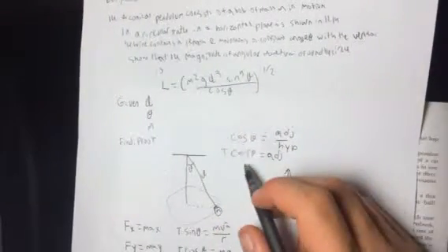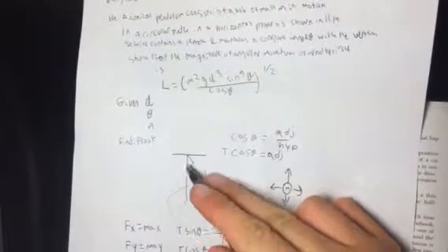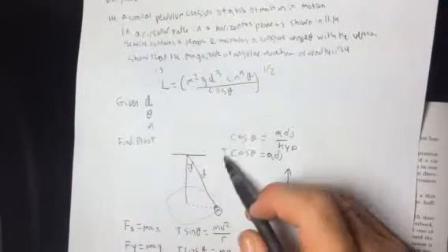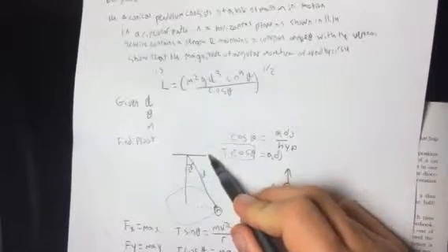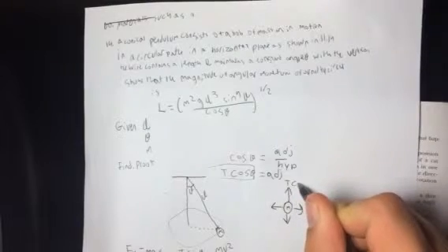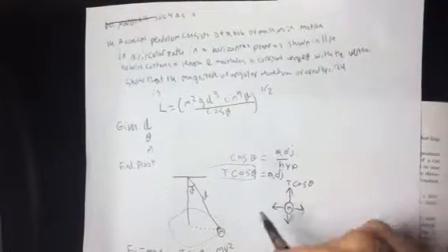So we can automatically see that this adjacent line right here is equal to t cosine theta, which is very important. So in the upwards direction, we have t cosine theta.